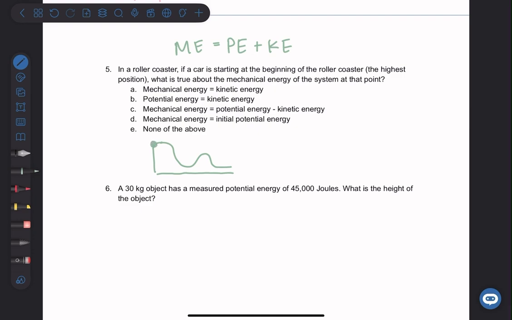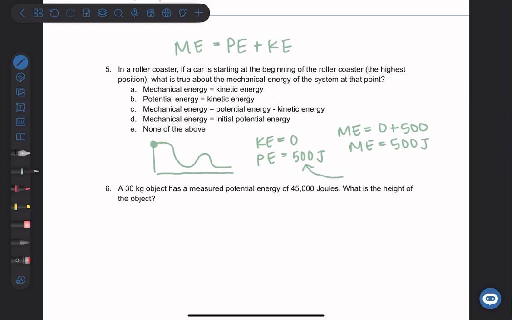The car isn't moving at all, so then the kinetic energy would be equal to 0. The potential energy would just be whatever. Let's say potential energy is like 500 joules. So the mechanical energy would be equal to 0 plus 500. That means it'd be 500 joules as well.